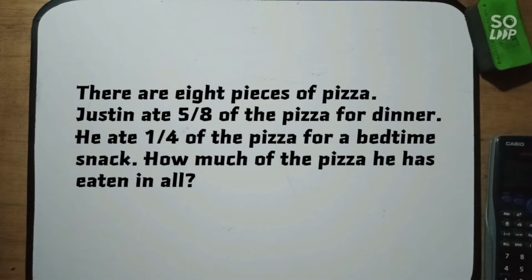So the fundamental operations on fractions, decimals, and percentages can also be applied into a real-life situation. So for fractions, in the given, there are 8 pieces of pizza. Justin ate 5 over 8 of the pizza for dinner. He ate 1/4 of the pizza for a bedtime snack. How much of the pizza has he eaten in all?